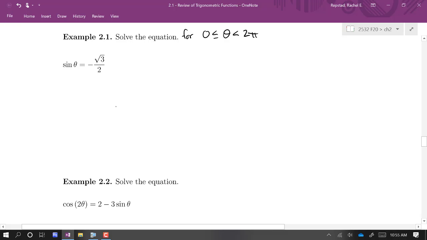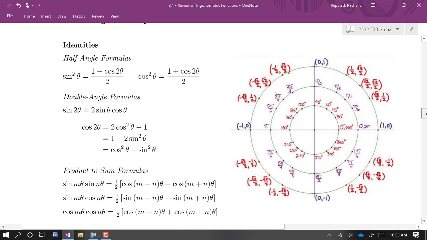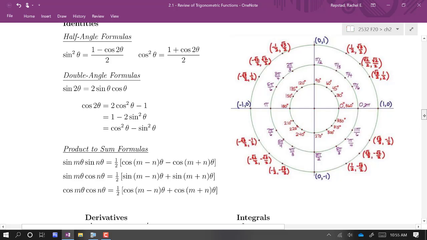And negative root 3 over 2, if we take a look at the unit circle, this is one of those convenient values. The unit circle is so helpful because the coordinates on the outer ring of the unit circle are the values of cosine and sine for the angle. So the x-coordinate is cosine of the angle, and the y-coordinate is sine of the angle.